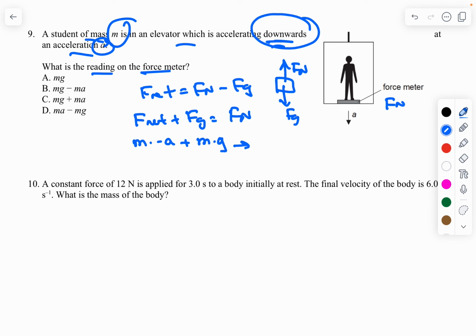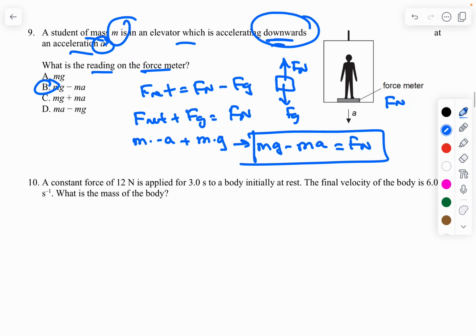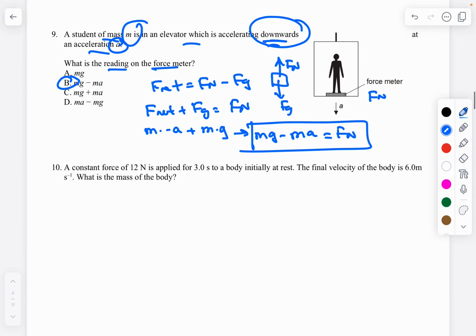Right, so then essentially what you have is mg minus ma, which gives us Fn, like that. Okay, so that means the answer is B. Okay, so it should be like that.